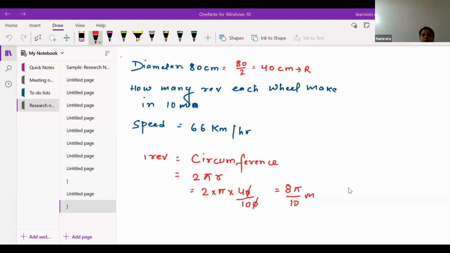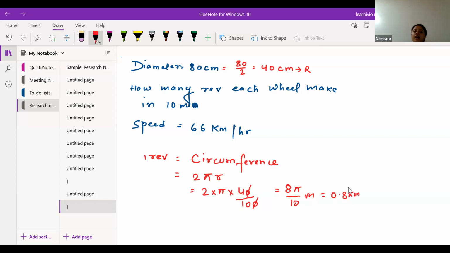Yes, ma'am, you can see. So it's 0.8 pi meter. That means when one revolution is getting completed, the car is covering 0.8 pi meter for covering one complete revolution. So total distance for one revolution is 0.8 pi meter.